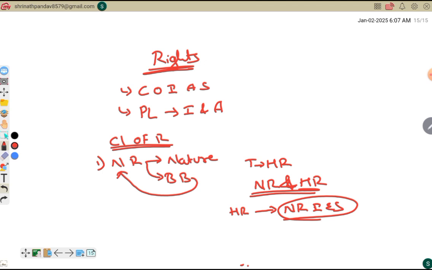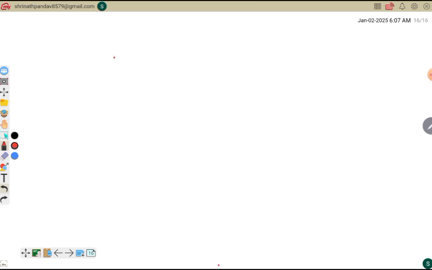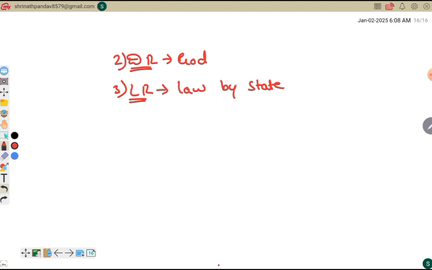The next classification of rights is divine right. The rights that are derived from God are called divine rights. The third is legal rights. Here the laws made by the state are known as legal rights. Then comes the moral right. The moral exists in the case of the individual and society.